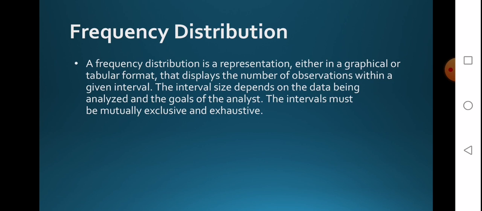The intervals must be mutually exclusive and exhaustive. Frequency distributions are typically used within a statistical context. Generally, frequency distribution can be associated with the charting of a normal distribution.